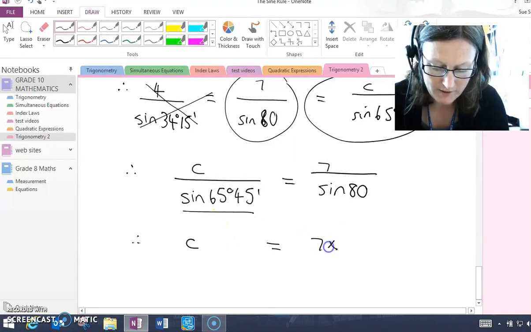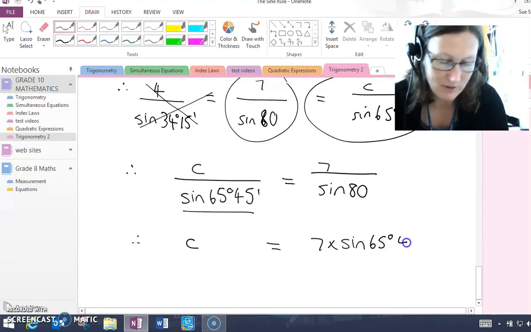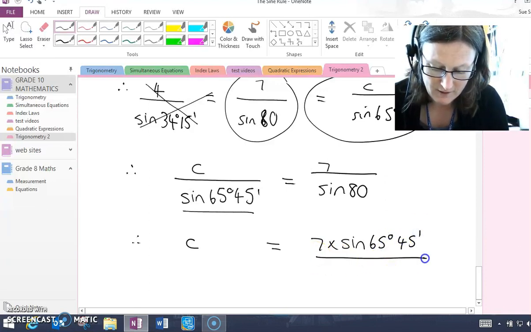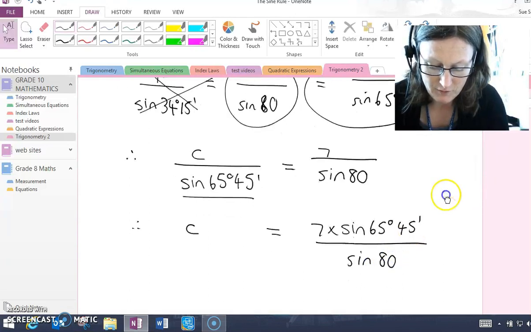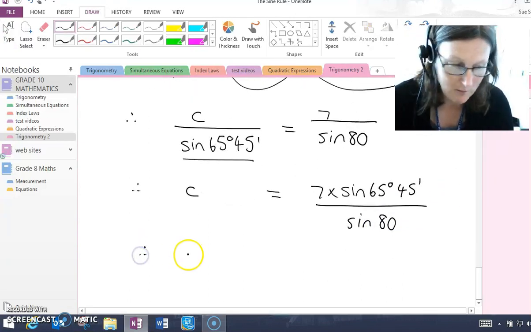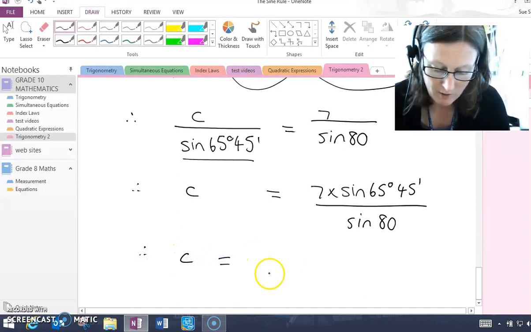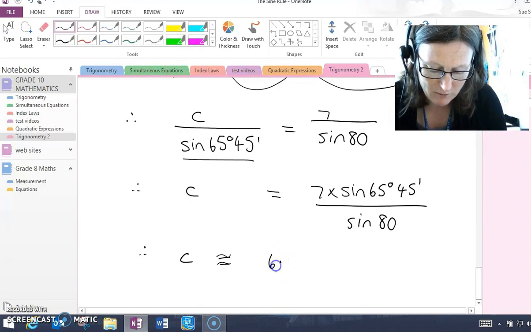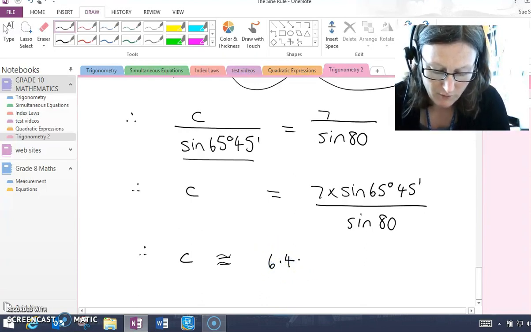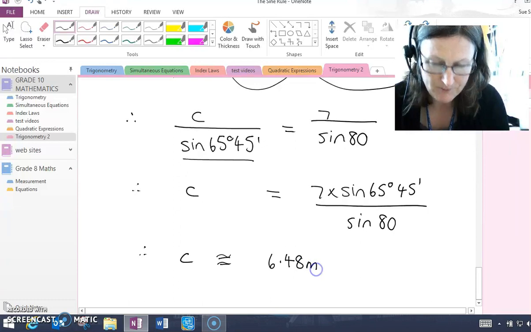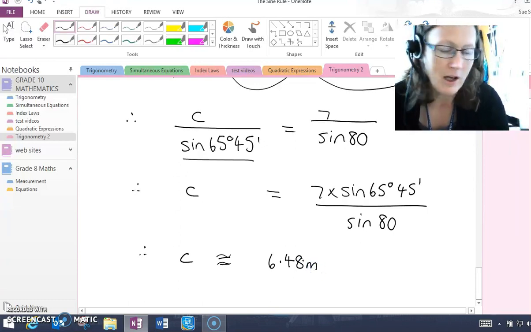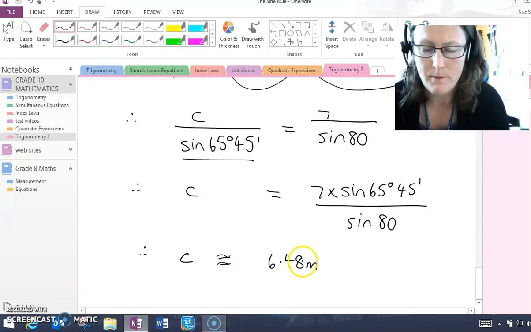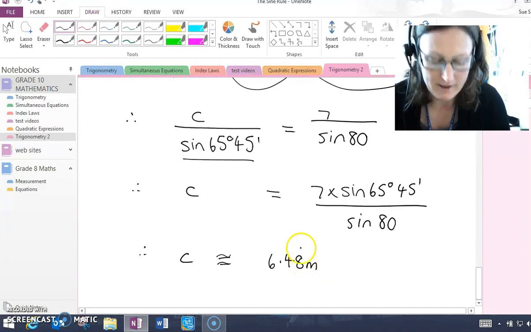When I bring it to the other side, I times 7 by sine 65 degrees 45 minutes, divide by sine 80. I put that into my calculator, and because I'm going to round off to 2 decimal places, it's approximately 6.48 metres. So using the sine rule, I have been able to find angle A, angle C, and side C.